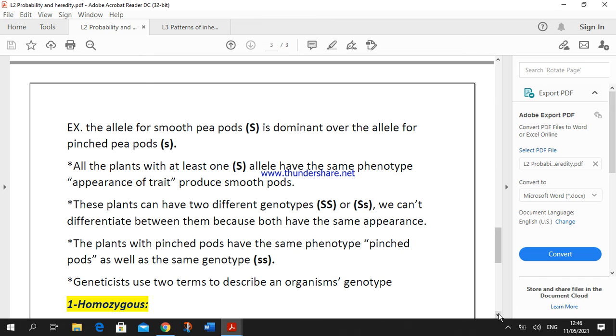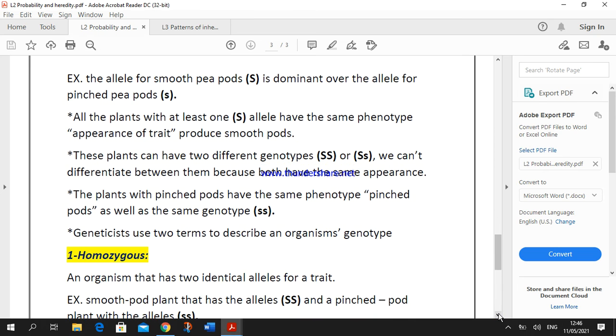These plants can have two different genotypes, SS or Ss, and we can't differentiate between them because both have the same appearance. The plants with pinched pods have the same phenotype, pinched pods, as well as the same genotype, ss. So biologists use two terms to describe an organism's genotype.